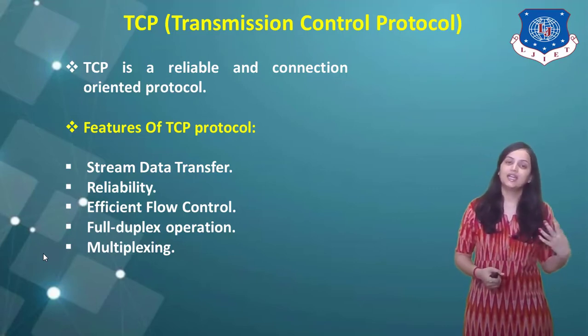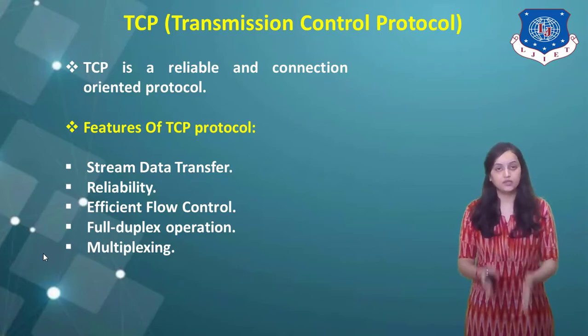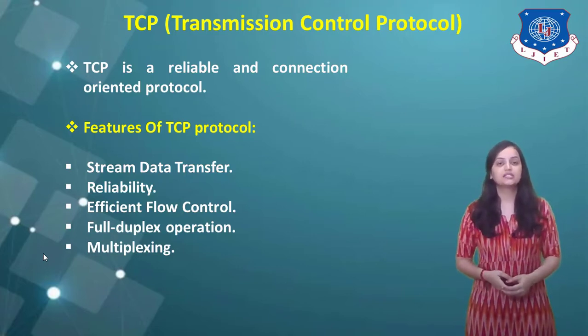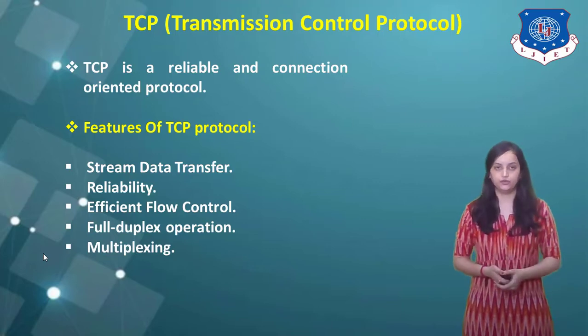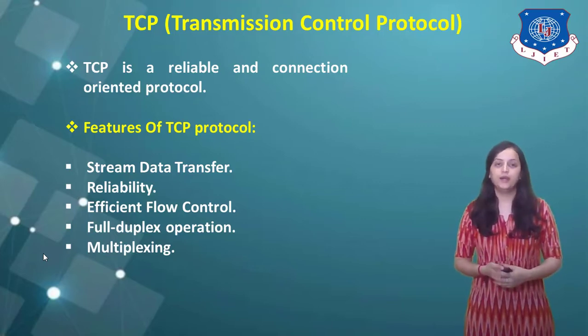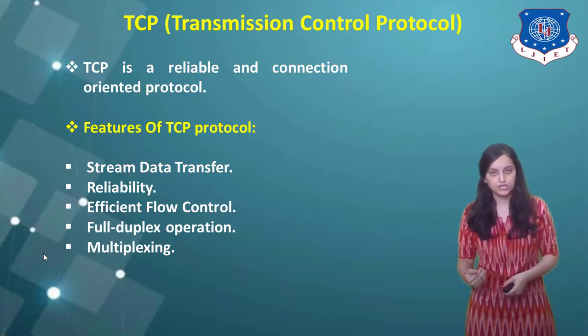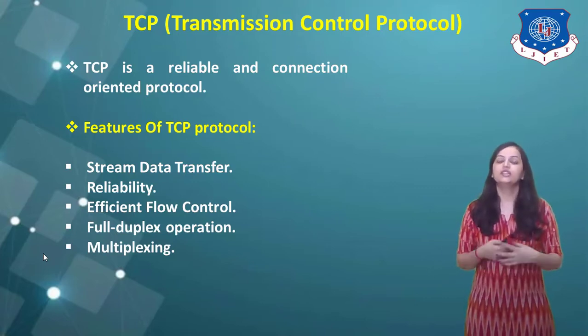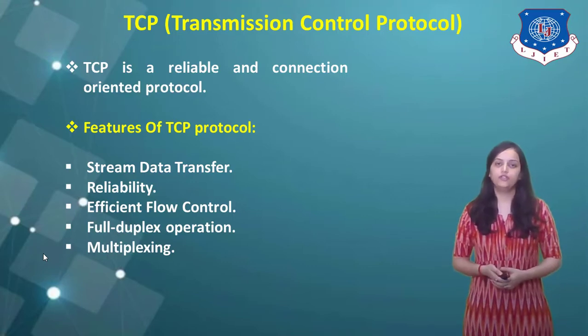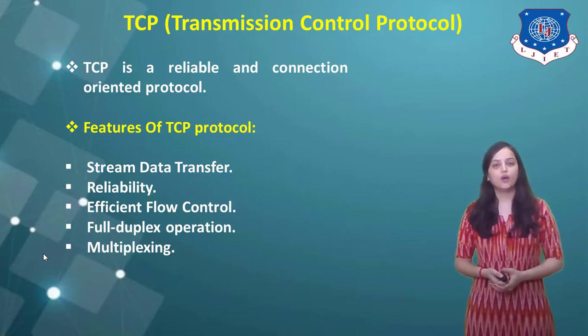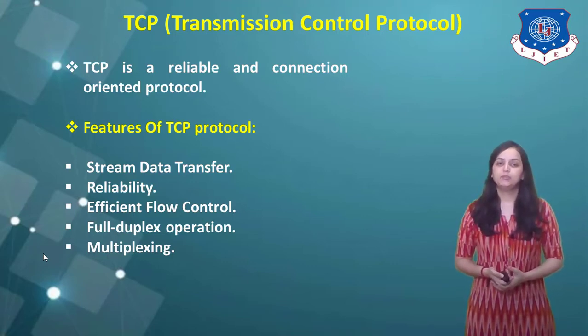That means one can transmit and receive at the same time using TCP. Next one is multiplexing. That means one channel can be used by multiple users to transfer their data, which makes effective use of the channel. So these are the common features which TCP provides.